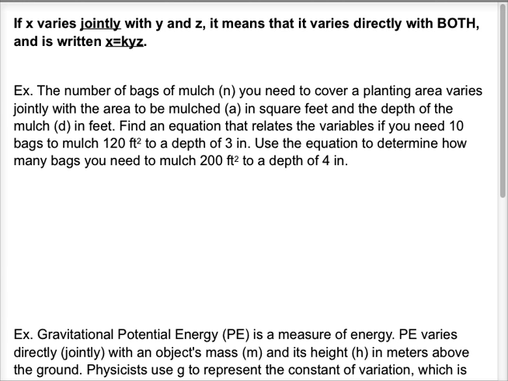All right, so the first thing is it says that they vary jointly. So that means N varies jointly with both the area and the depth. Jointly means both go on top. Okay, joint means direct.